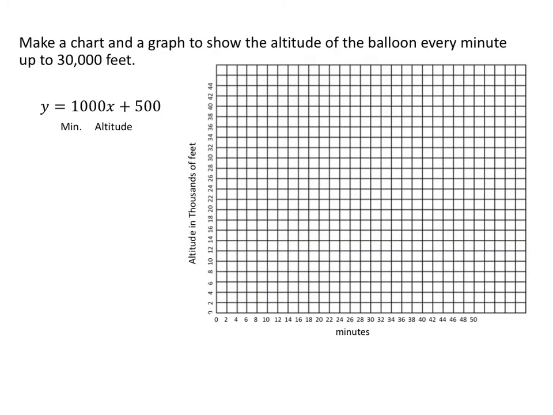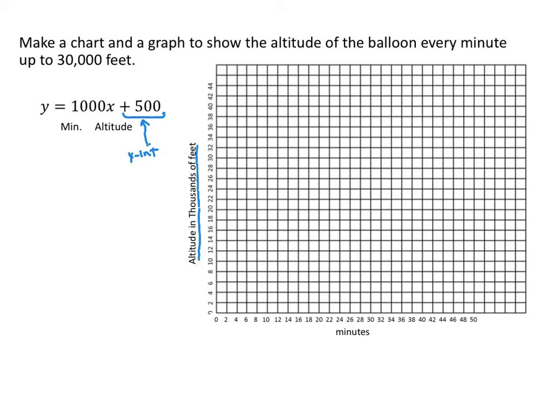Okay, so there is our equation, y equals 1,000x plus 500. Now to graph this one, we have the beginning point, the y-intercept right there, and 500 feet. This is altitude in thousands of feet.